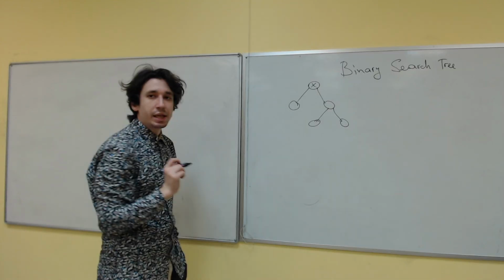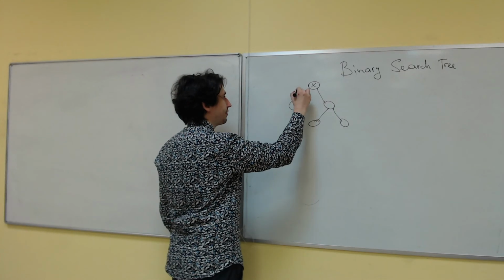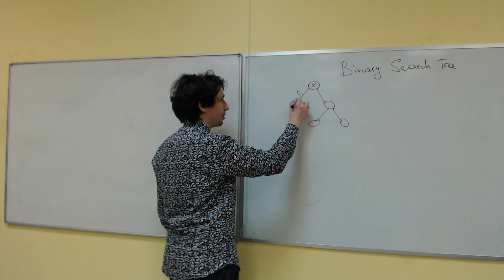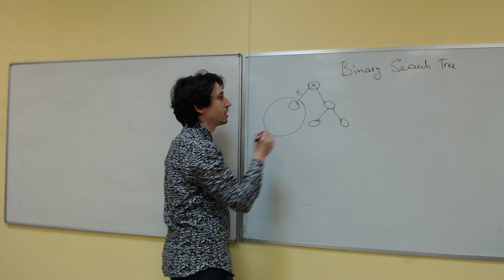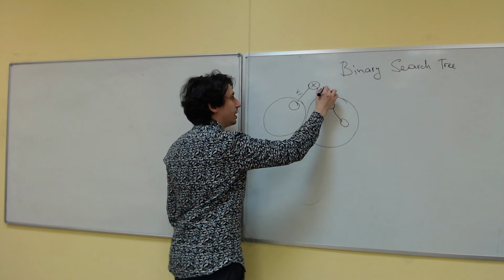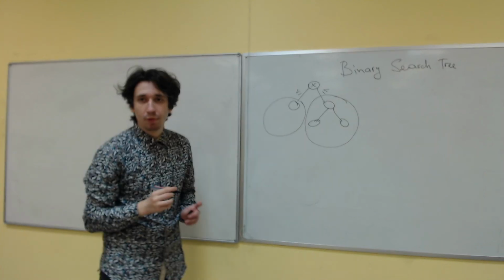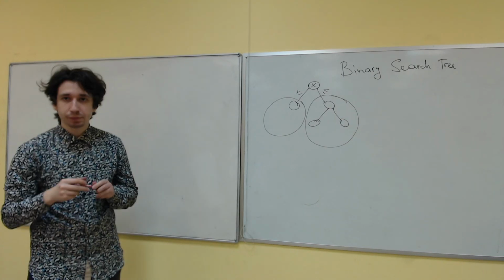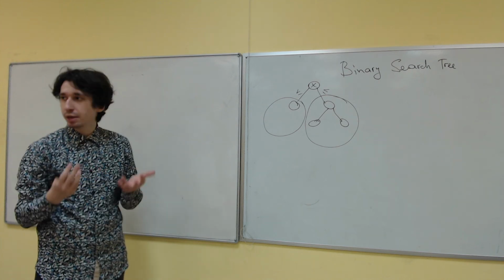And we will maintain the invariant that everything in the left subtree is less than the element in the node, and everything on the right is bigger than the element in the node. We will be maintaining this invariant in our data structures.